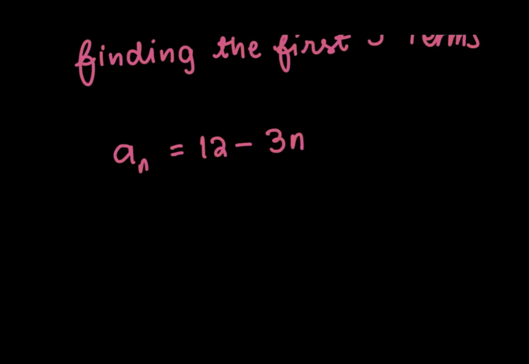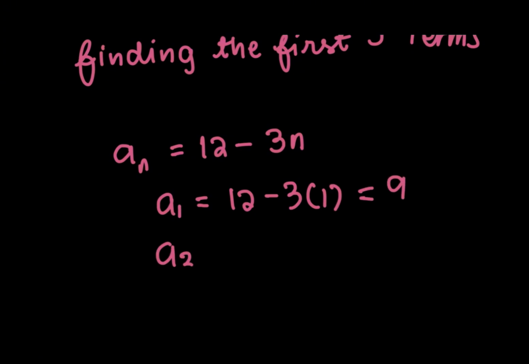So notice we have term 1, 12 minus 3 times 1, we have 9. Term 2, it's 12 minus 3 times 2, we have 6. So it's giving us 6.